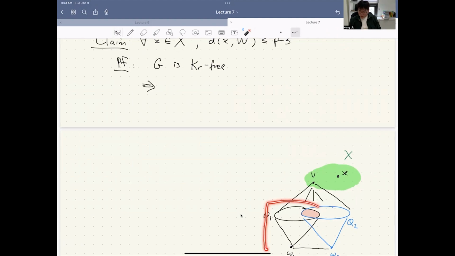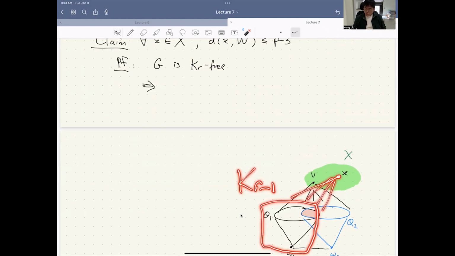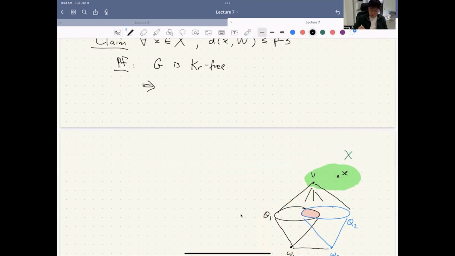Remember, each Q together with the corresponding W is a K_(R minus 1). So X cannot be completely joined to this set because G is K_R free. So X has a non-neighbor in Q_i union W_i for every i in {1, 2}.